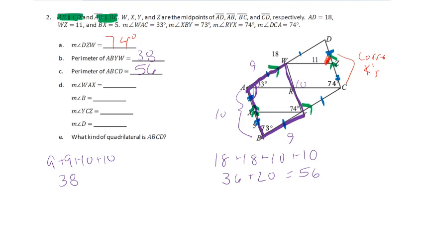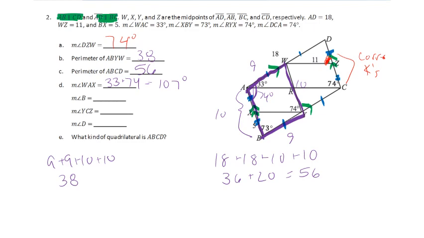So one of the things we have with parallelograms is that opposite angles are equal. So that means that this guy right here, angle RAX, is going to be an alternate interior angle to angle DCR. So that means that this little guy in here is 74 degrees. So in order to find WAX, all I've got to do is take 33 plus 74, which is going to give me 107 degrees.